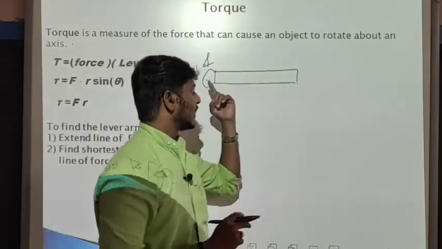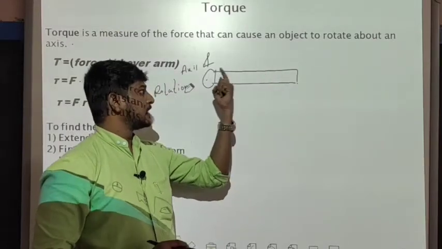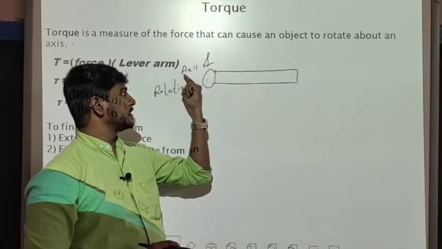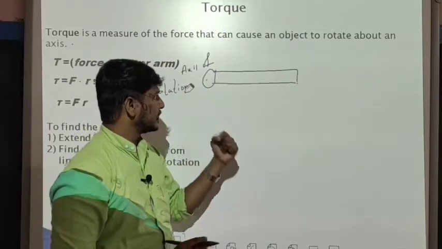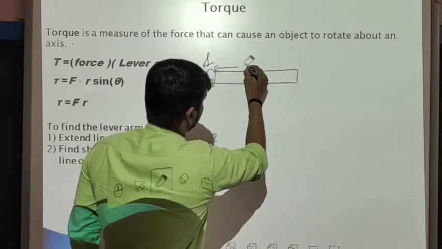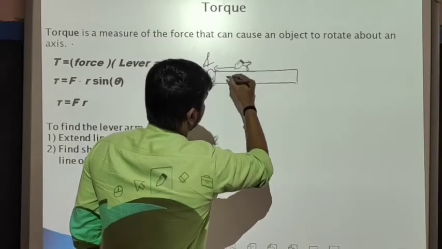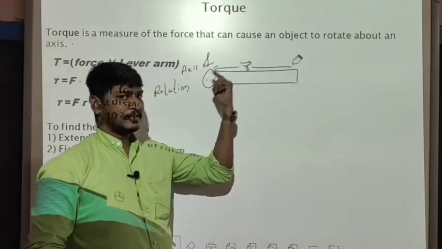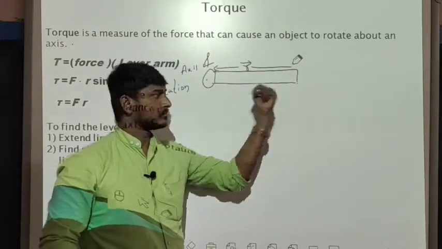I am going to take this length as a vector r. This is the distance vector.